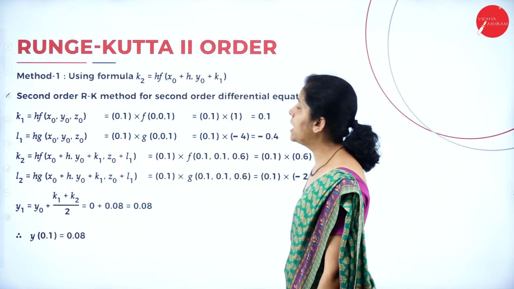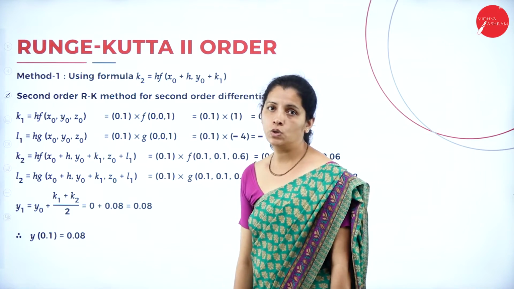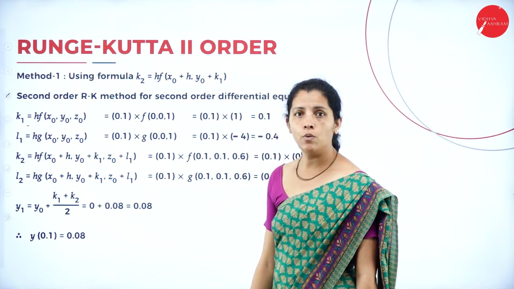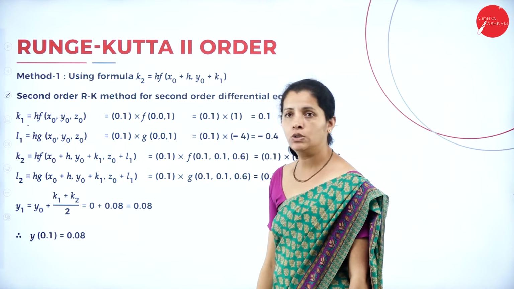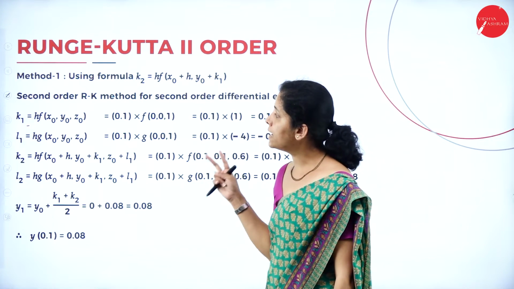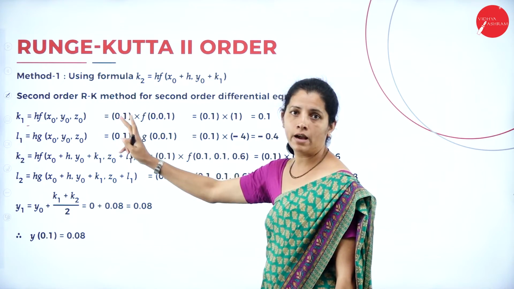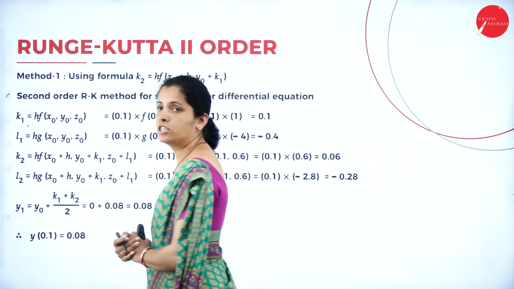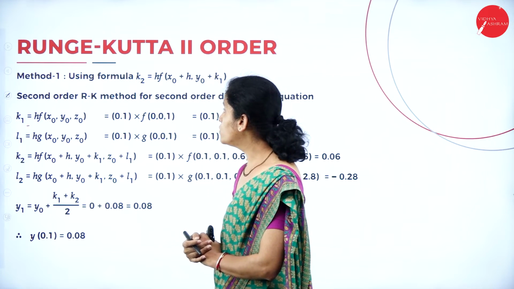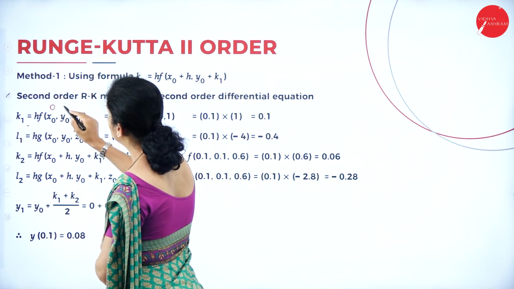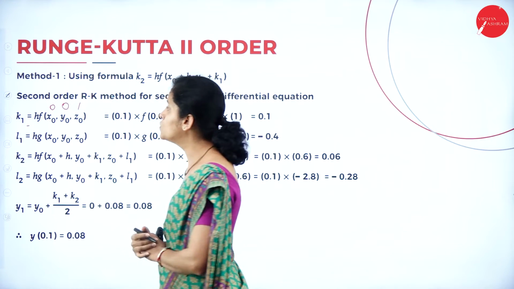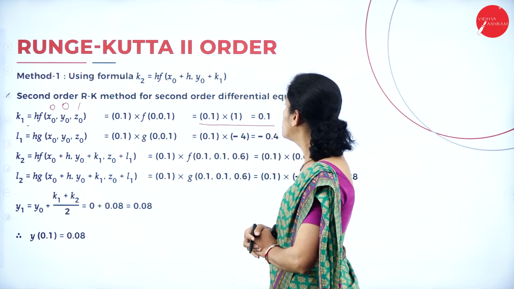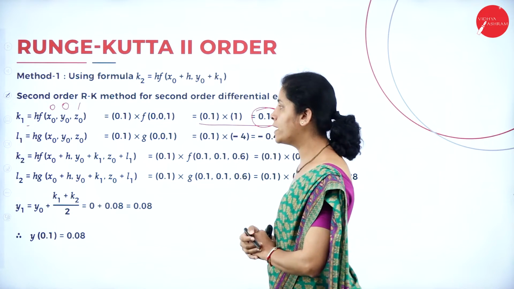Now I want to apply Runge-Kutta order 2. So here I'm going to have the formula K1, L1, K2 and L2. Since it is order 2, I have only K1 and K2. Now what is h? h is 0.1, and x naught is 0, y naught is 0 and z naught is 1. So K1 is 0.1 into 1, that is 0.1.